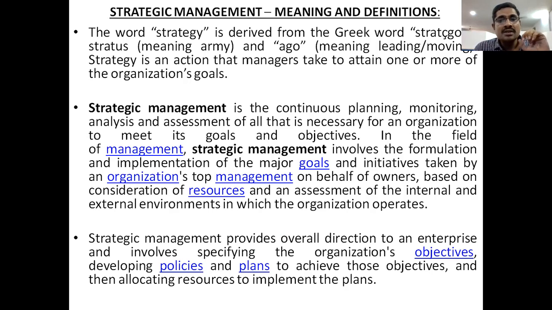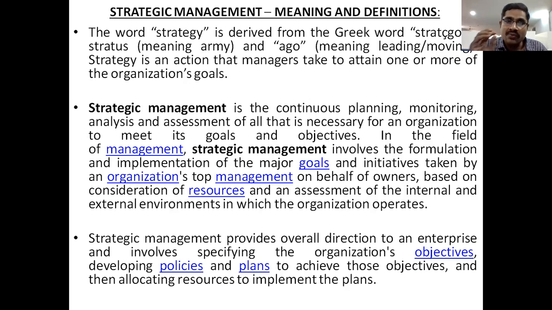So this planning and controlling of these actions is called strategic management, right? So look at this: strategy is simply a long-term excellent super plan. Once again I want to repeat it. Strategy means a long-term superb excellent plan is called strategy.